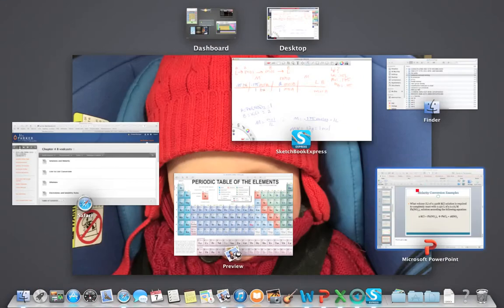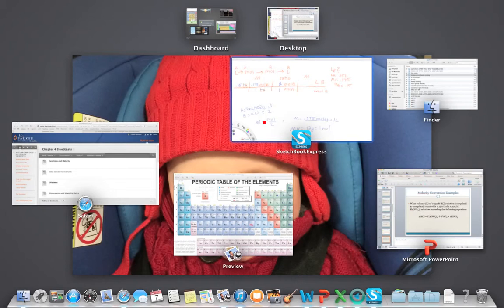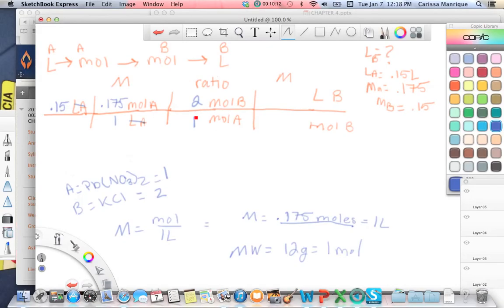So let's look at that again, make sure you see it. So KCl is 2 right there, and Pb(NO3)2 is 1. Okay, so that's the 2 to 1. And that goes with KCl because I said that was B.